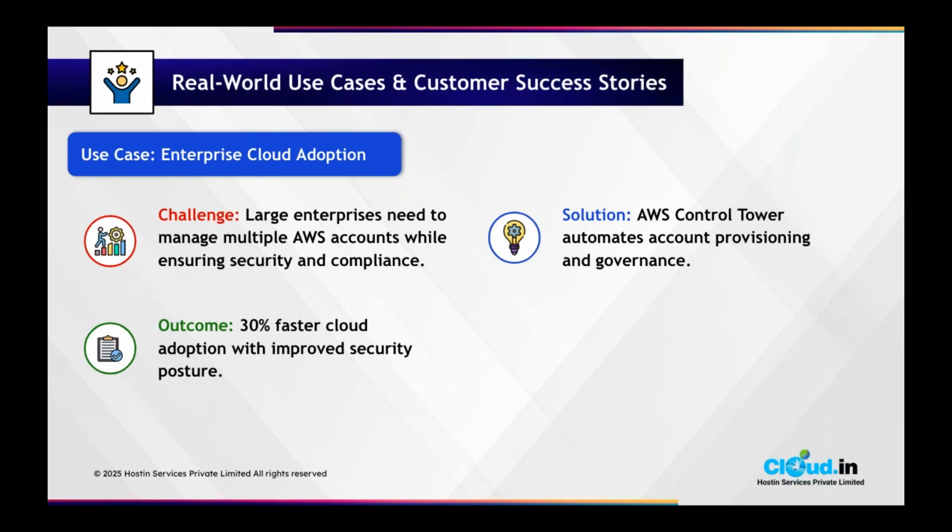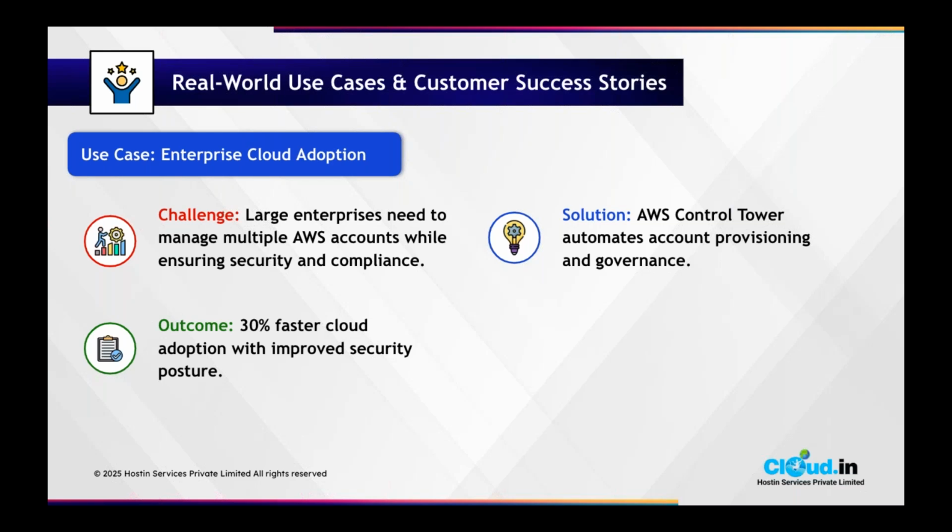AWS Control Tower basically simplifies governance in multi-account setups. Also, it automates security and compliance, and reduces the operational risk to your AWS accounts. Scalability and standardization make it easier to manage cloud adoption.